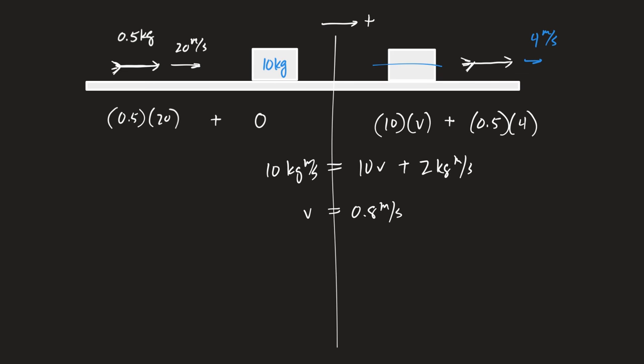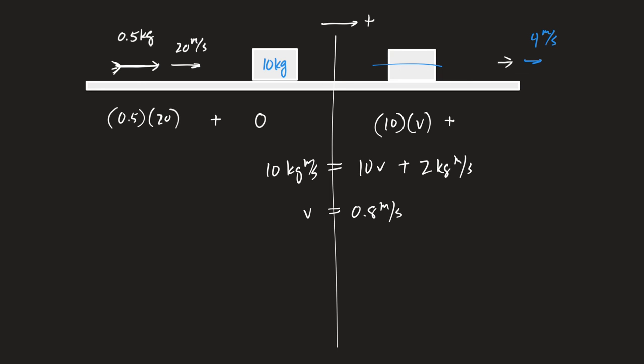So just, I don't know if you guys have this kind of ability, but if the arrow were to get stuck in the block instead of passing through, do you think the block would be going faster or slower? Faster. Yeah, it would be going faster. It would have caused a bigger change in the arrow's momentum, so the block would have to have a bigger change in momentum. So prove that, please.